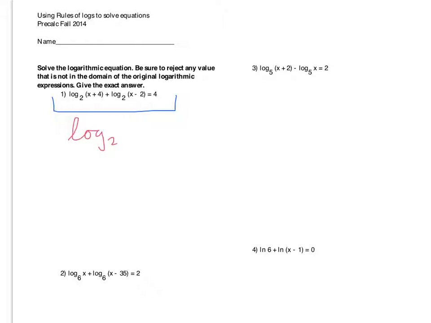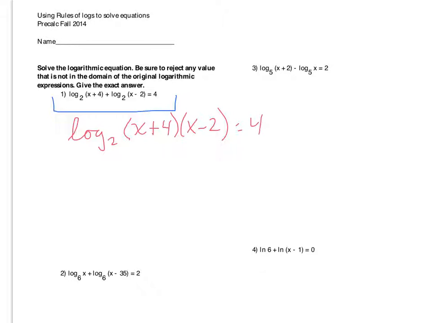And when it's separated by addition, you have a product. So I'm multiplying the x plus 4 times the x minus 2. So it's the reverse product rule. When you have 2 log statements separated by addition, you can combine them by multiplying those 2 things.